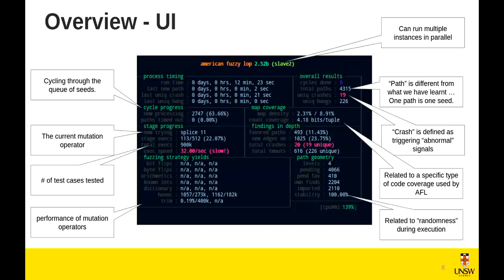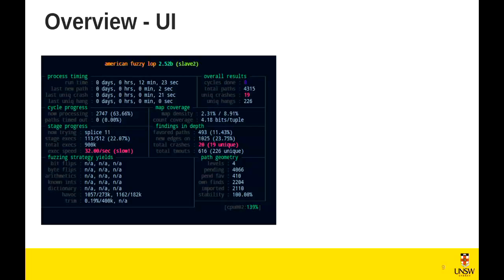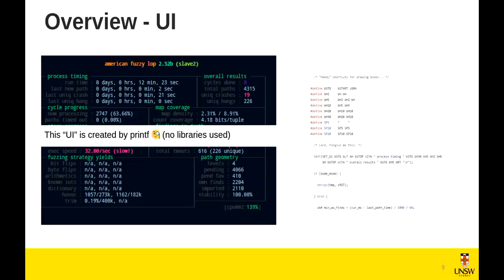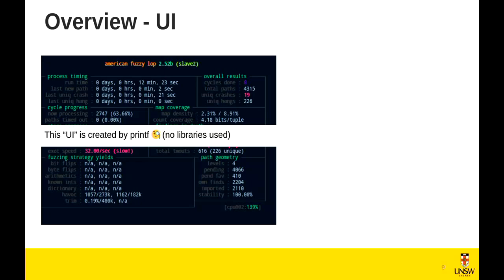This is how stability works here. And this UI, as you can see, is very informative, and it provides us a lot of information. It also looks quite nice, and it's actually implemented purely by printf. No library is used. The original AFL, not AFL++, doesn't have too many dependencies. The author has written a lot of utility code for this fuzzer.